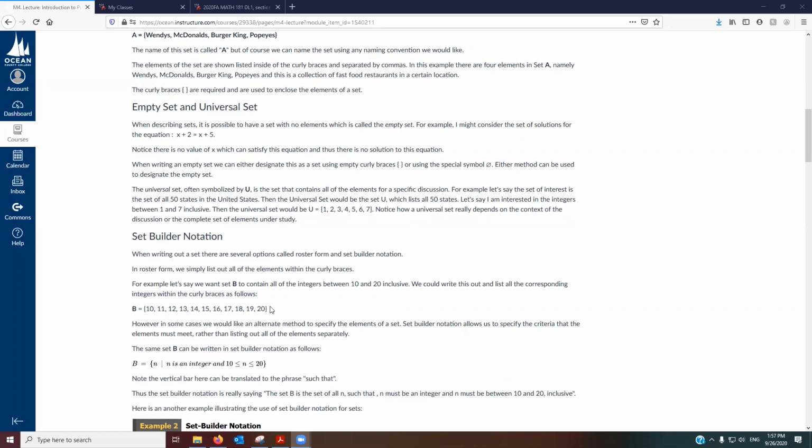And I'm going to call it set B. So notice right here, I've listed out the elements 10 through 20. I separate them by commas, and I also put these inside of curly braces. So anytime you list out a set, you do always put it inside of curly braces.